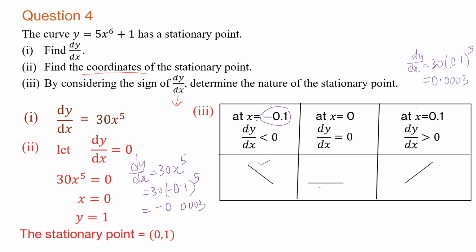So the positive gradient would look like this. And if you join all these three tangents together, you will form a minimum point. Therefore, (0, 1) is the minimum point. So this is how you do question 4, which is quite straightforward.